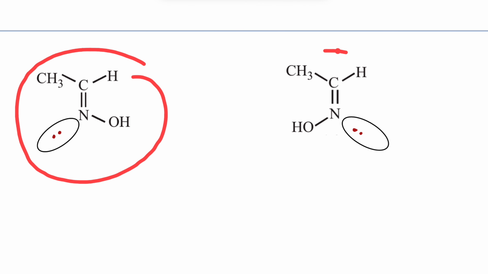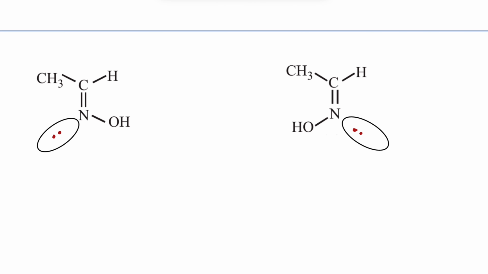One more example to understand the definition of geometrical isomerism. So this is molecule 1 and this is molecule 2. They have the same molecular formula, same connectivity, but in the first one, if you see, hydrogen and OH are on the same side of the double bond, and here hydrogen and OH are on the opposite side. Due to the presence of a pi bond perpendicular to the sigma bond, there is no free rotation.